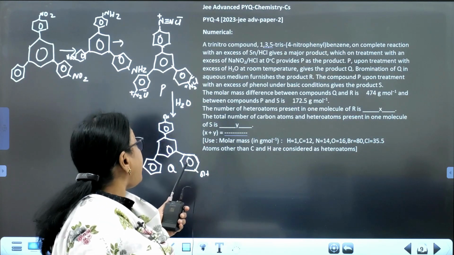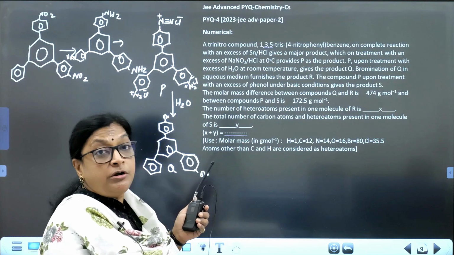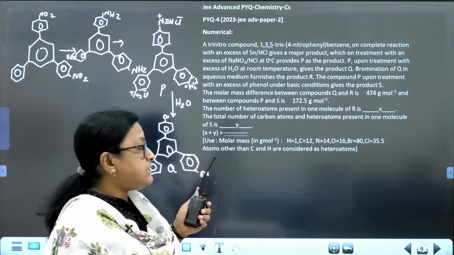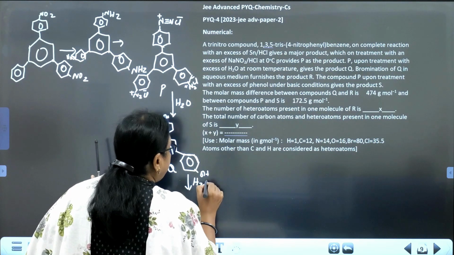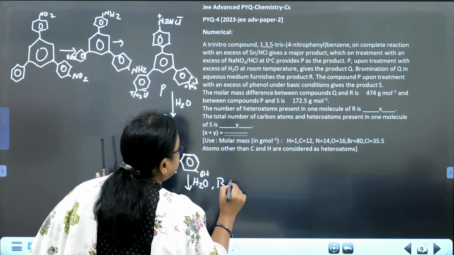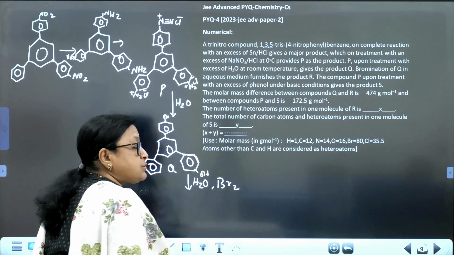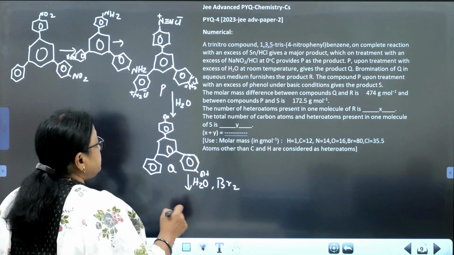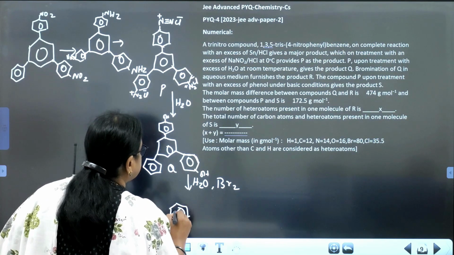Here all the para positions are already occupied. So each phenol group, both the ortho positions will be brominated. So you are treating it with bromine in a highly polar solvent, water, aqueous bromine in water. All the three positions can be brominated, electrophilic aromatic substitution.